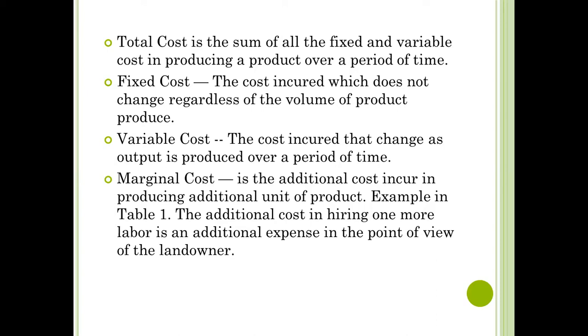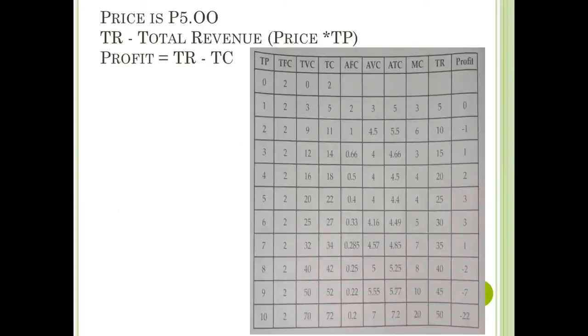So again, we have here table number 2. The example here will show the different costs of production and the illustration is shown in the figure below. TP is our total production, and TFC is our total fixed cost. TVC is our total variable cost, and TC is our total cost.